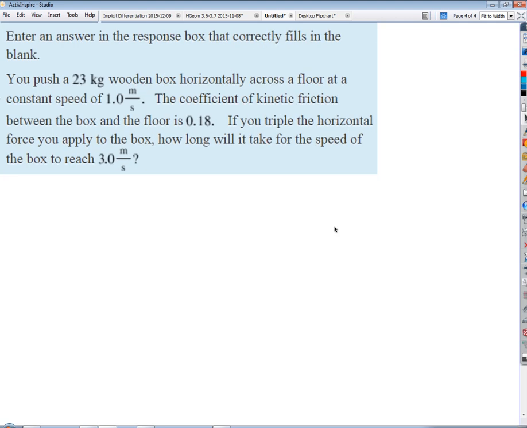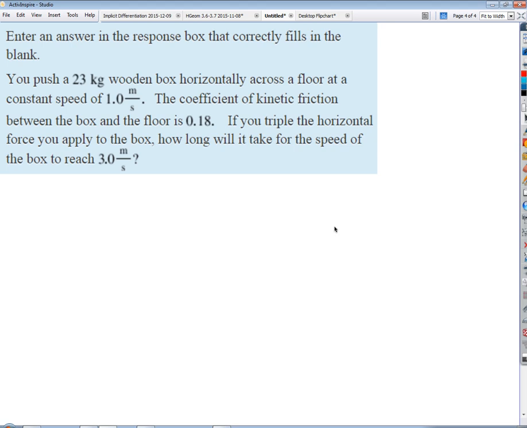So there's really two different questions being asked here. There's two different situations being described. There's one that says if we push it at constant speed, right? Then there's another one that says, okay, now what happens if you triple the horizontal force you were previously applying? What's probably going to happen if I tripled the amount of force I was applying horizontally?